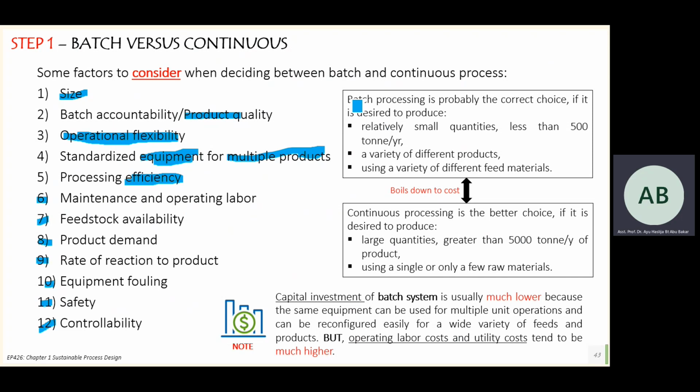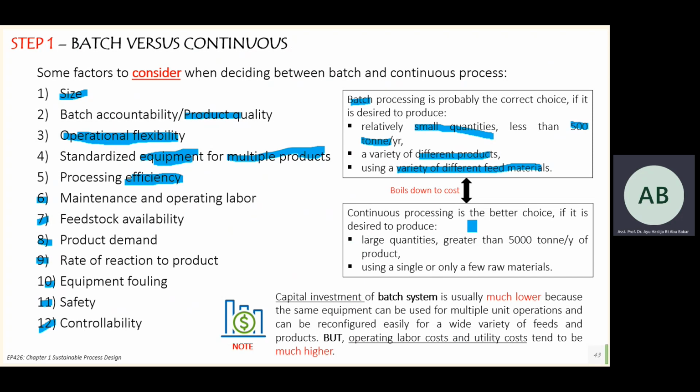For batch process, suitable if your product requires small quantities, less than 500 tons per year. This one is in terms of quantities. Again, it should refer back to your reaction and product as well. Variety of different products or variety of different feed material.